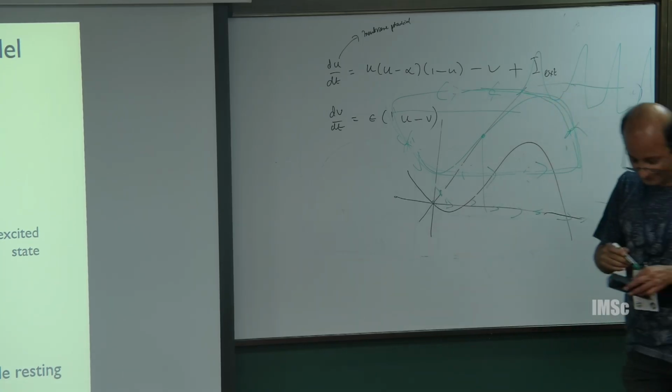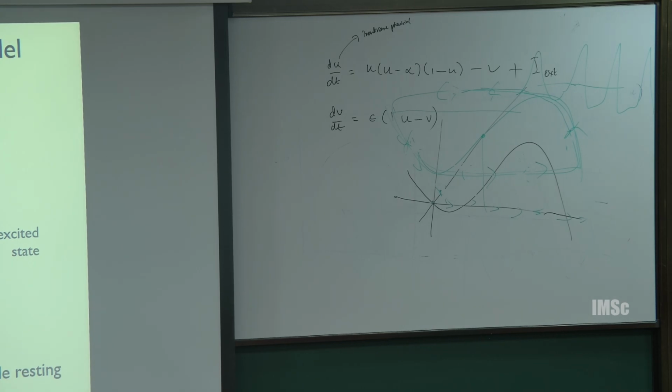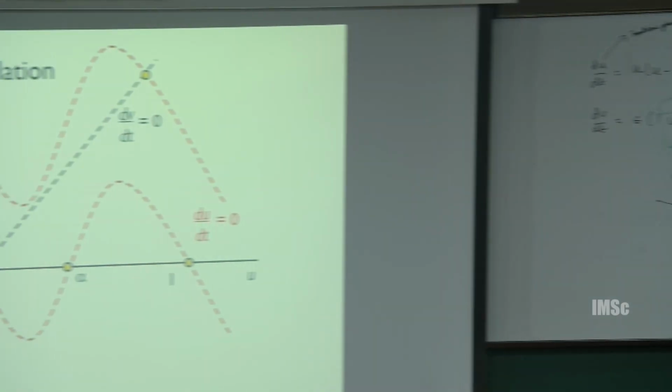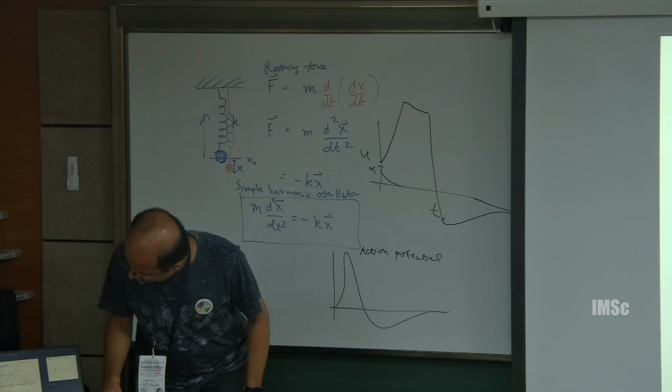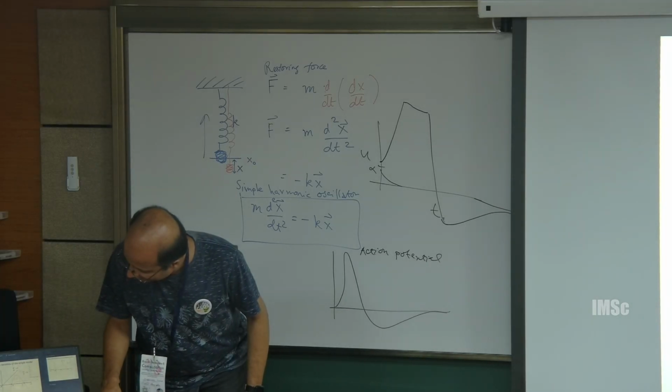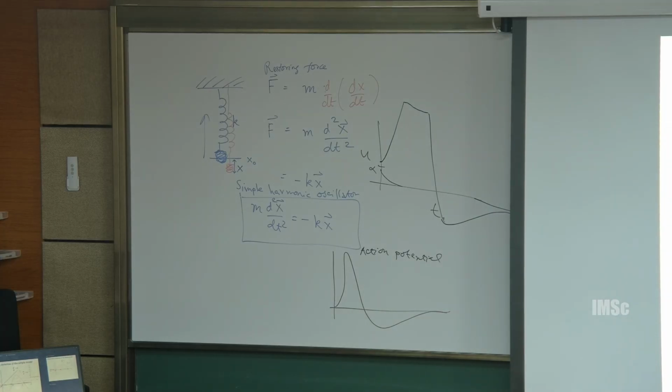What happens if you make it even higher? You get what is known as tetanic stimulation. The neuron gets stuck at the extreme high membrane potential. Okay, so this is your U curve.